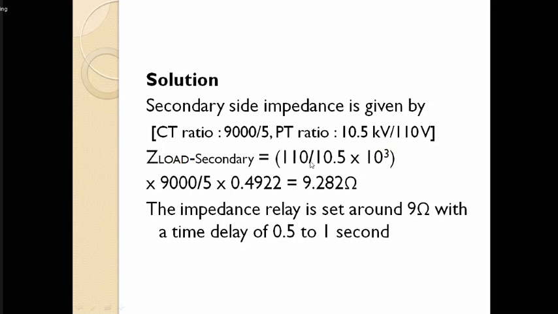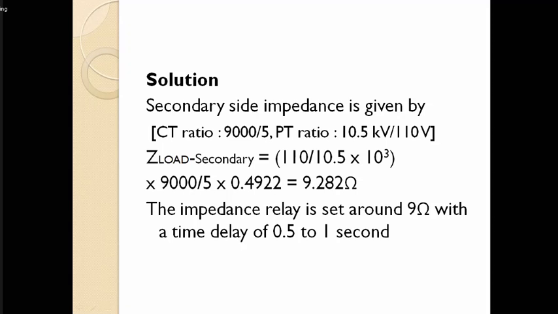And now when you calculate this, and multiply by the CT, then multiply by the impedance of the secondary that we calculated, that will give you 9.283 ohms.